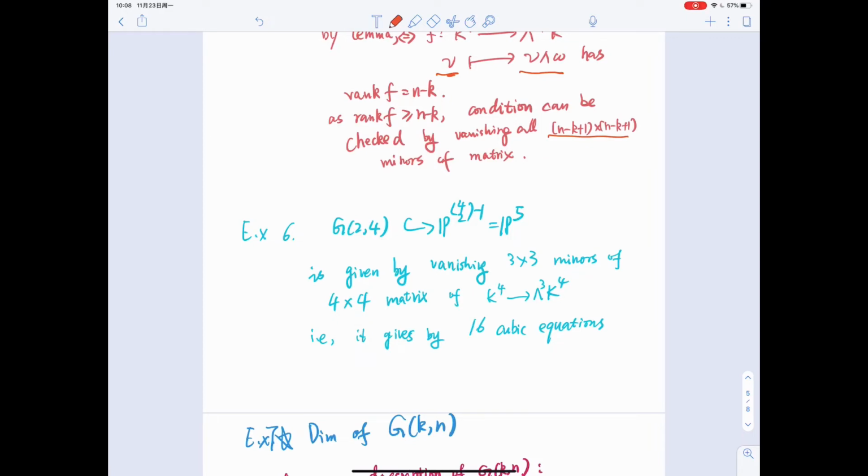It is given by the vanishing of all 3 times 3 minors of the 4 times 4 matrix of this map F, which means that it is a subset of P^5 given by 16 cubic equations, since there are 16 3 times 3 minors of a 4 times 4 matrix. And we will see later that a single quadratic equation suffices to cut out G(2,4) from P^5.